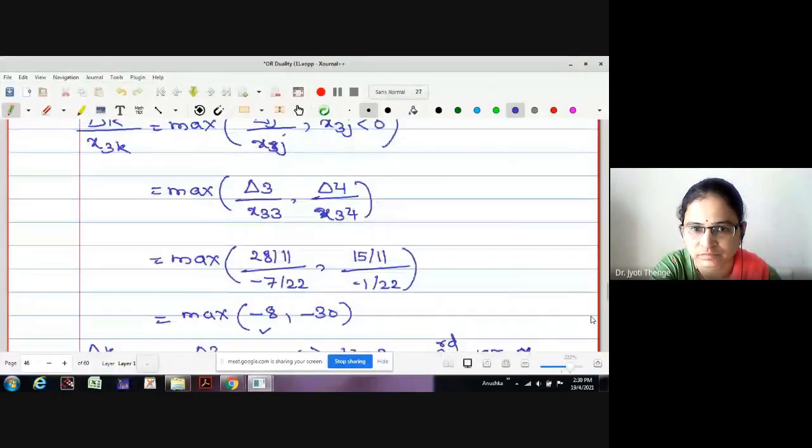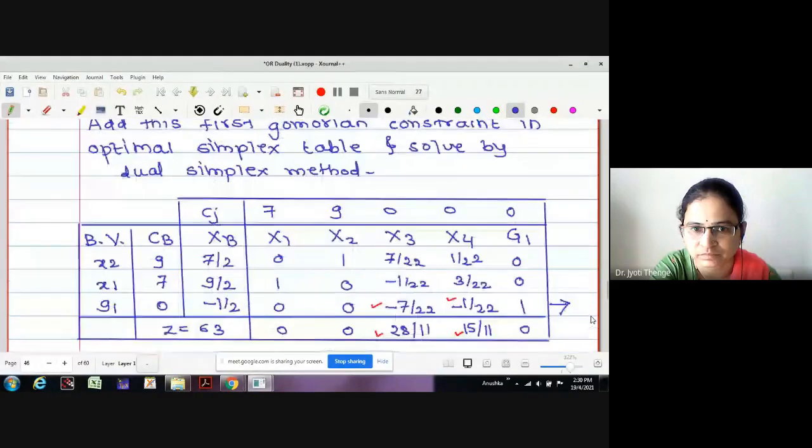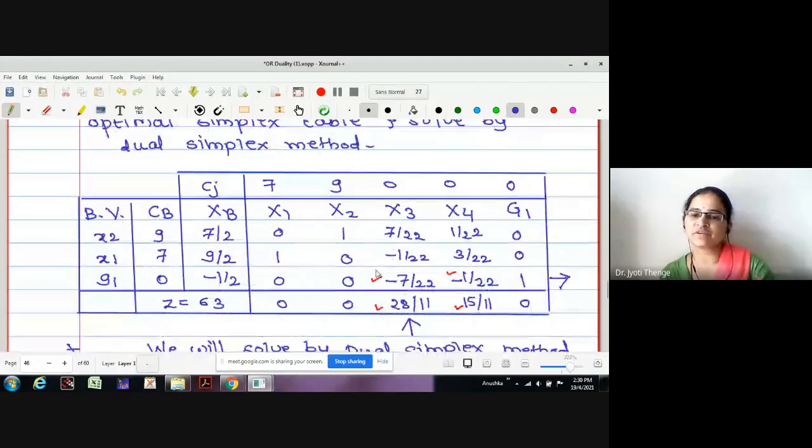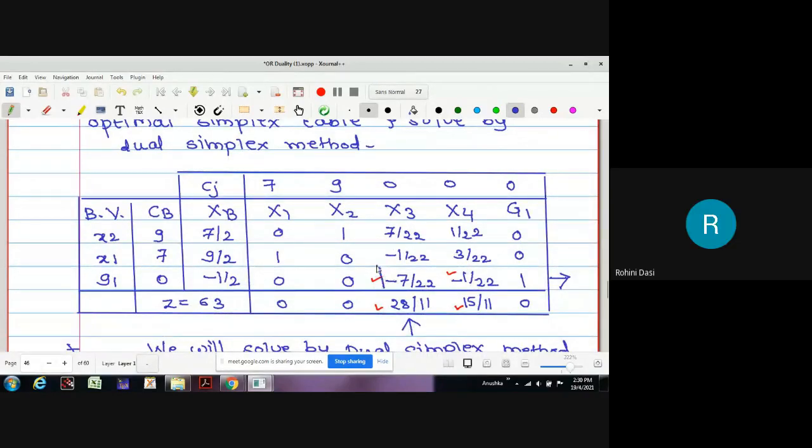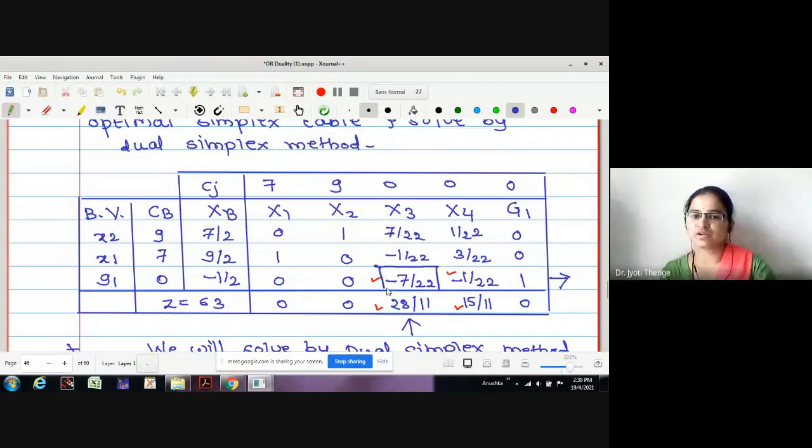Let us come here. This third variable is going to enter the basis. Which one will be the pivot element? This entry, minus 7 upon 22. This will be my pivot. Now what to do? We will convert this pivot to unity, remaining entries to 0.